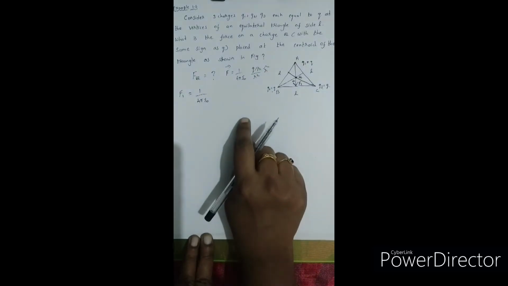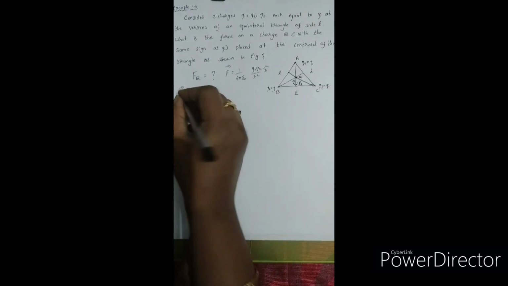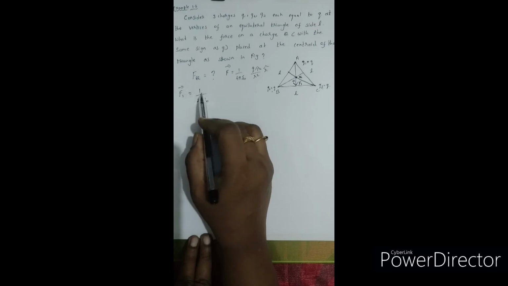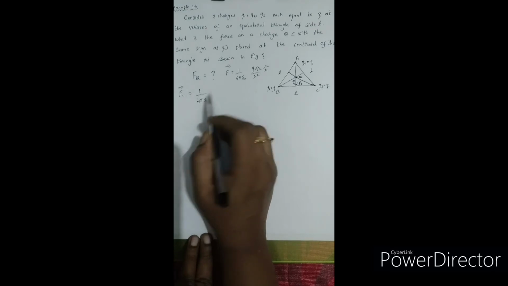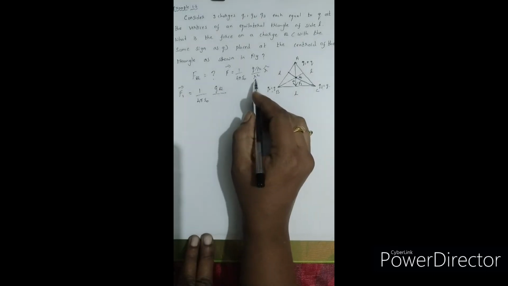This is the general formula for Coulomb's law. So now, according to the general formula, F1 vector will be equal to 1 by 4 pi epsilon naught, and instead of Q1 Q2, I have Q and capital Q, so Q capital Q divided by R square.